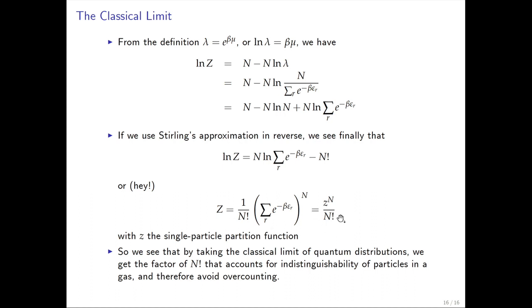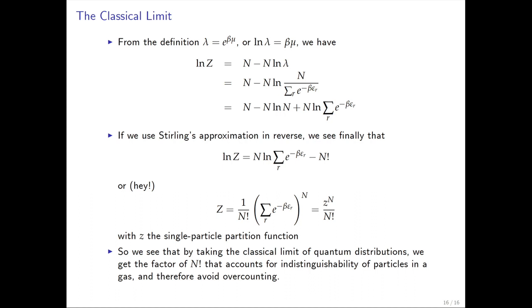Remember last lecture I mentioned this factor of N factorial, which accounted for the indistinguishability of particles in a gas and avoids the overcounting that you would do if you assumed that particles in a box are classical, and then you could put labels on them, right?